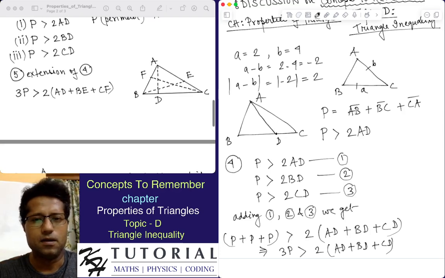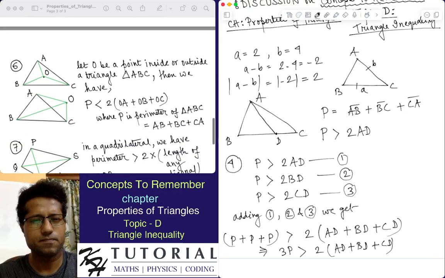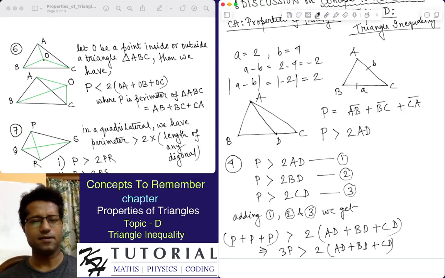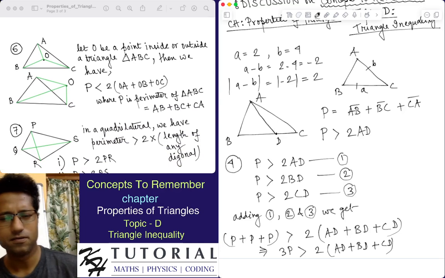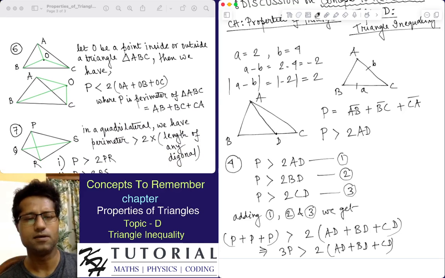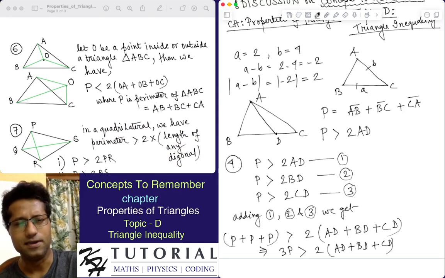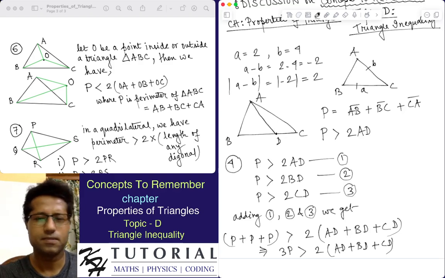Okay, let's see point number 6. Point number 6 is that we have a triangle ABC, any triangle ABC, and we take a point O inside the triangle or outside the triangle.